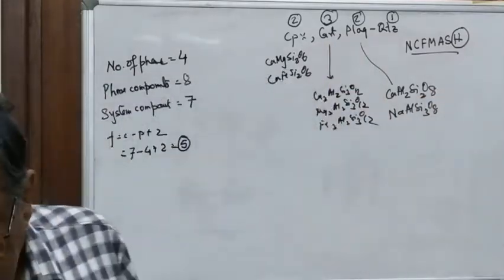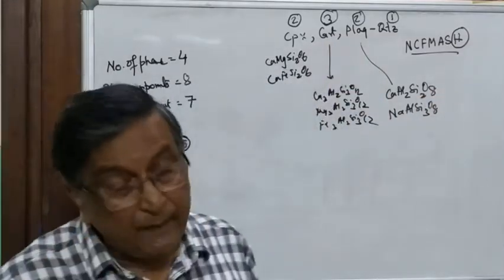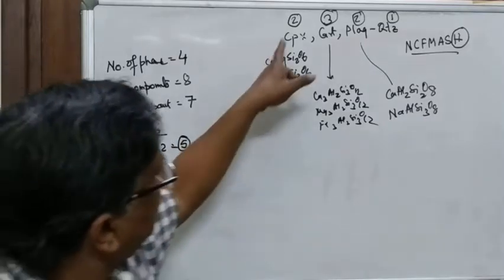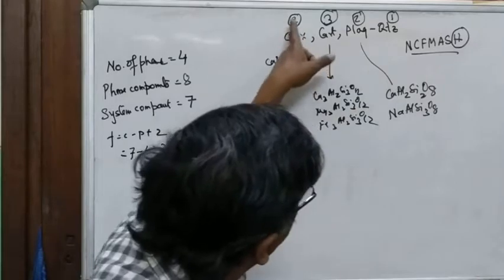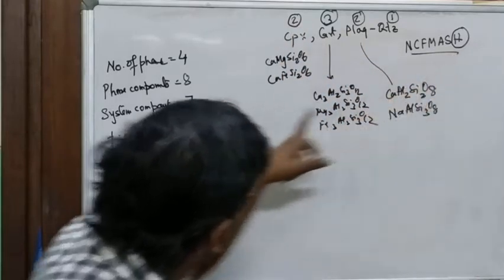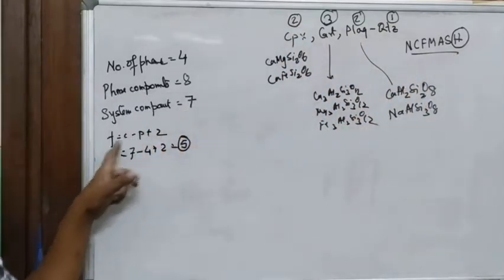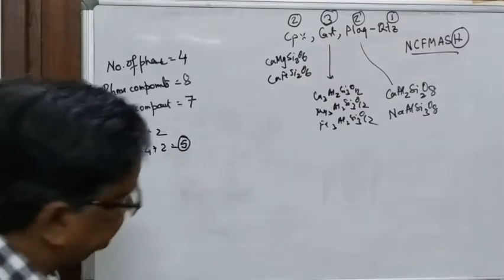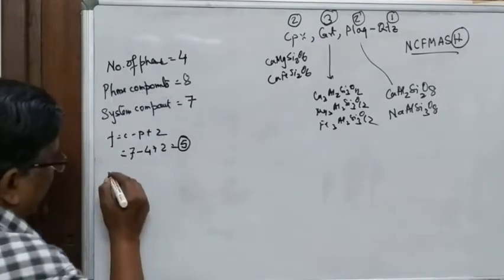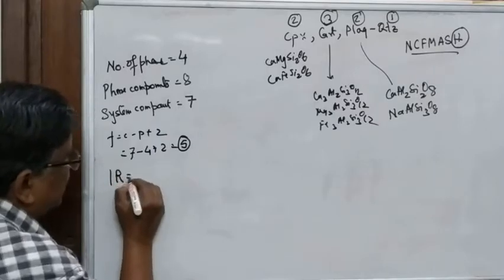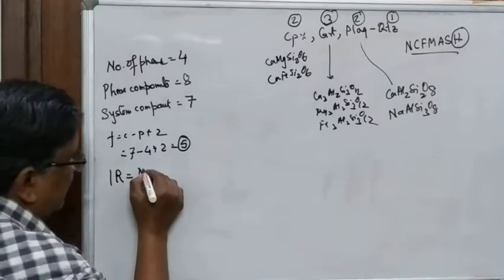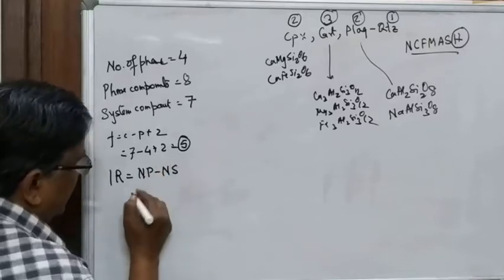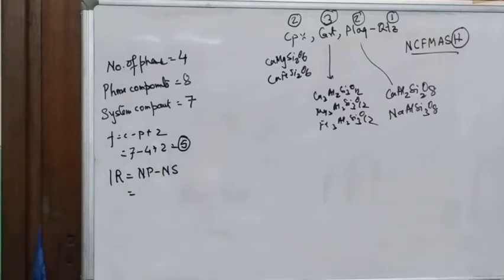If you want, I take it. I wouldn't have taken it, but this can happen because of a different reason, but that is much more difficult for you to understand. So here we have 7 system components. So the degree of freedom now is 5. Be careful, 5. Okay, what is the number of independent reactions? It is the number of phase components minus the number of system components.